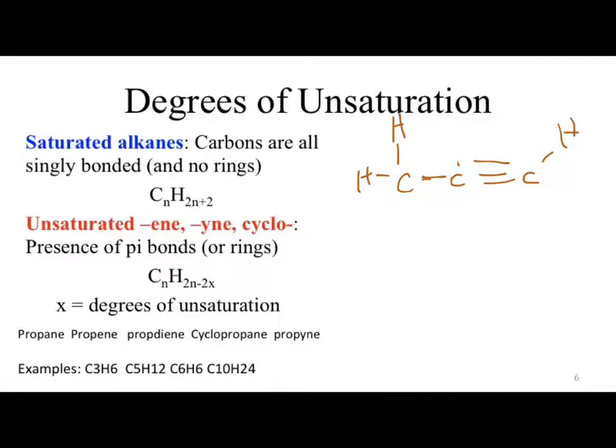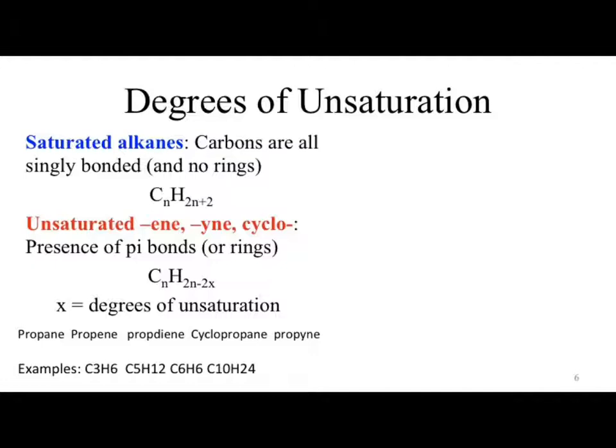We get 2, and then we have the sigma bond running in between. So the propyne has 2 degrees of unsaturation because there were 2 pi bonds.